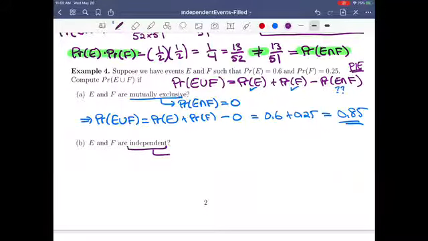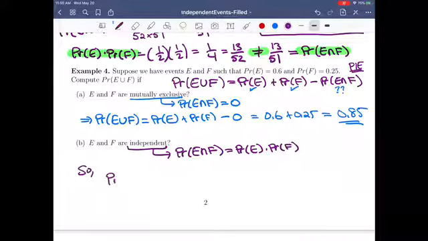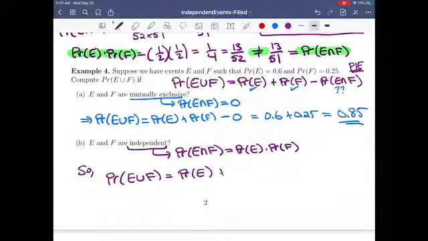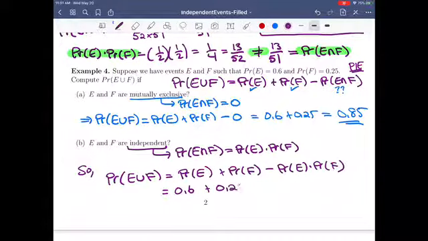If they're independent, remember that the intersection probability is the product of the probabilities of E and F. So the probability of the union is the probability of E plus the probability of F minus the probability of E times the probability of F. Plugging in, it's 0.6 plus 0.25 minus 0.6 times 0.25.